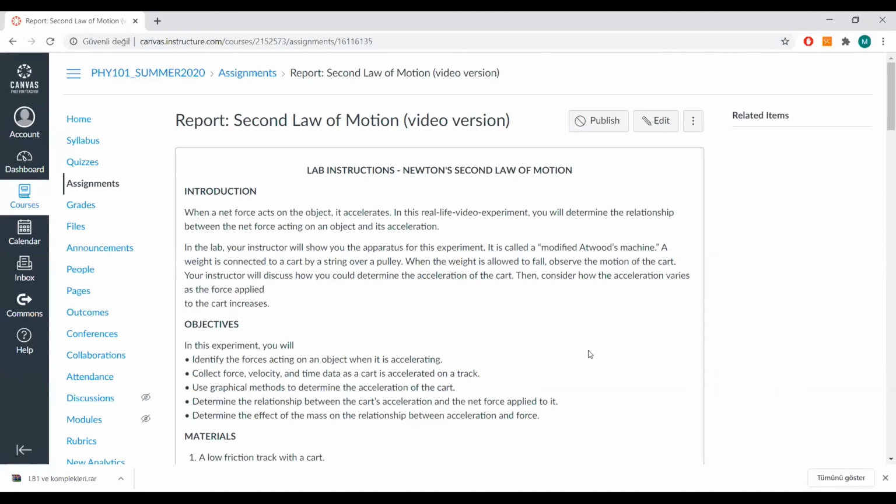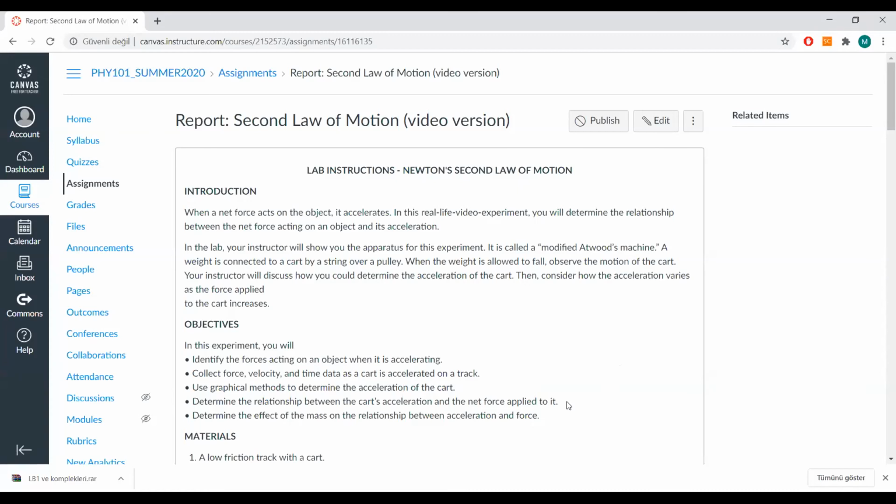In today's experiment, we will examine Newton's second law of motion using videos of real experiments previously taken in the laboratory. Our experiment has two parts.